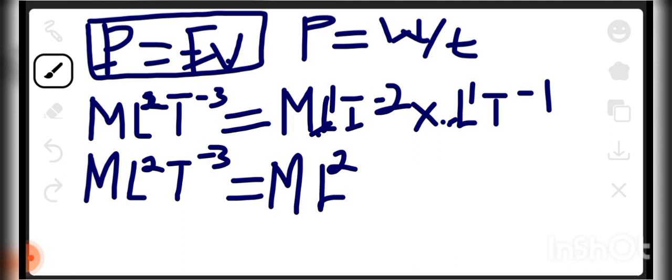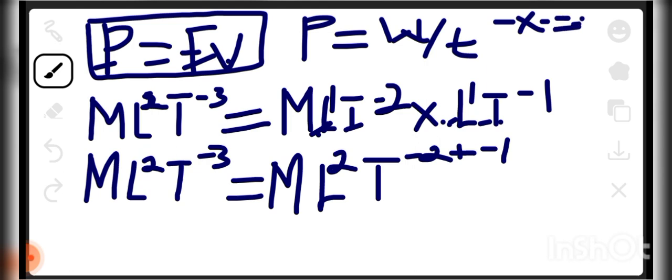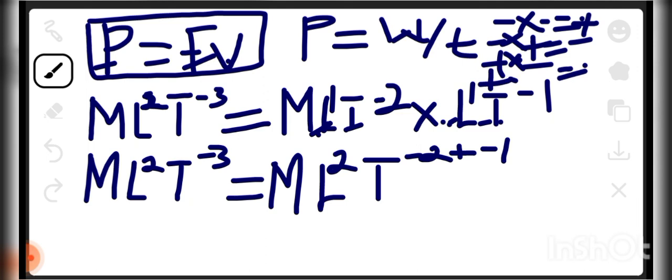Then T raised to power minus 2 times T raised to power minus 1. Just pick one of the bases, because we have T and T, they add up the powers: minus 2 plus minus 1. Remember that minus times minus is plus, minus times plus is minus, plus times minus is minus, plus times plus is plus.